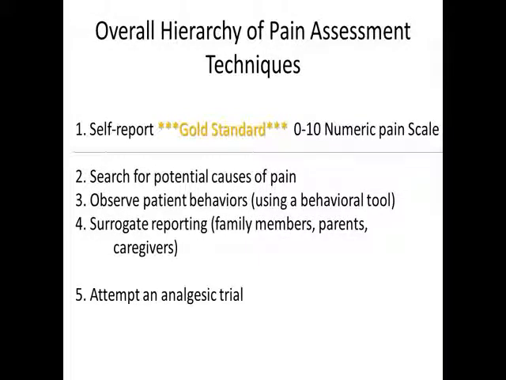And then finally, another piece of the puzzle that I occasionally use is if you really can't determine whether or not the patient's symptoms are caused by pain, I will initiate an analgesic trial, either using a non-opioid or a very low-dose opioid, if I suspect pain might be causing the behaviors. If I get an improvement on the behavioral scale after I initiate the analgesic, that's a good sign to me that perhaps pain was part of the behavioral issue, and I'll continue using that analgesic.